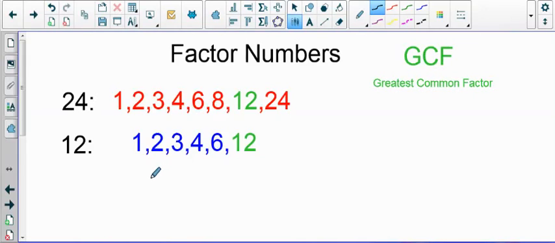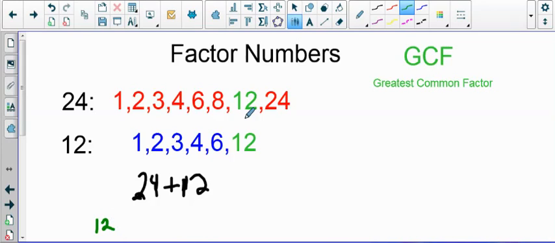So we know that we can take 24, that's a monomial, plus 12, that's also a monomial. Together that's a binomial, 24 and 12. Those are two terms. And what we're going to do is factor out the greatest common factor. Well, the greatest common factor is 12.